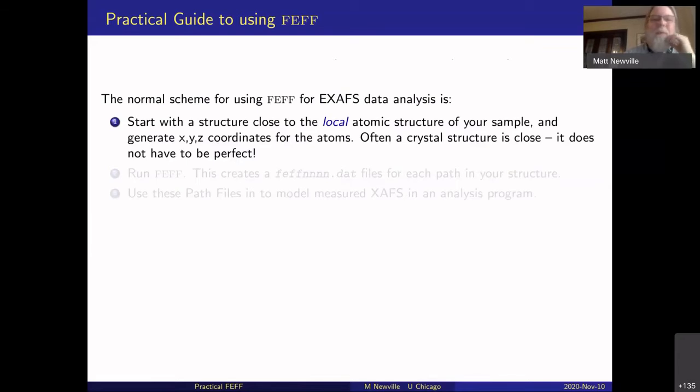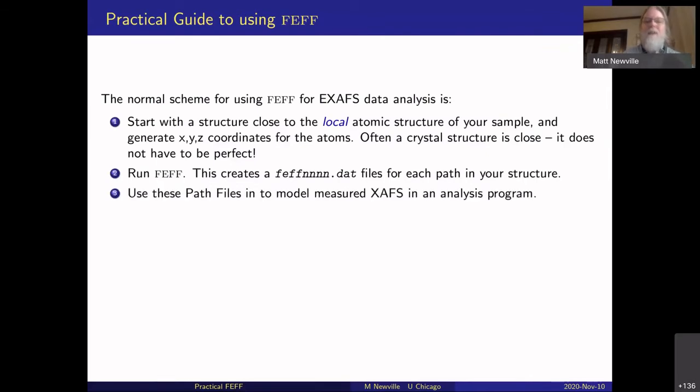So from a practical point of view, the most important thing is to start with a crystal structure close to what you think your structure is. This is a refinement process, this XAFS analysis. So the crystal structure is often close, but it doesn't have to be perfect. We will refine the distances that come out.